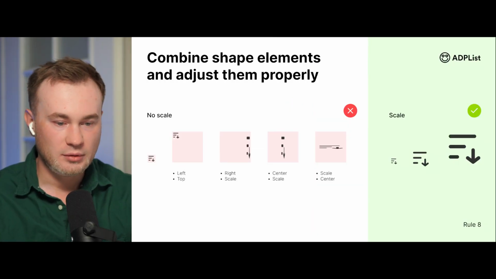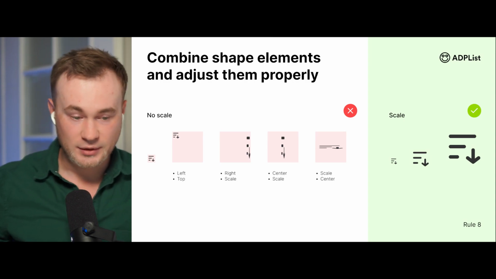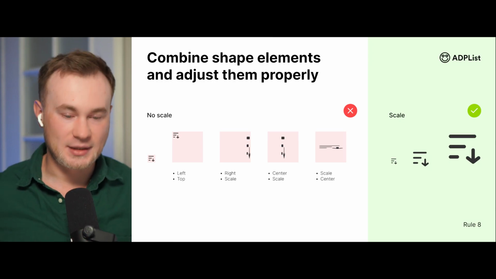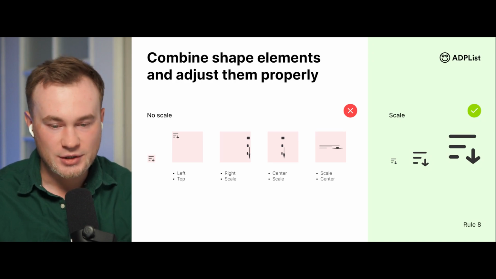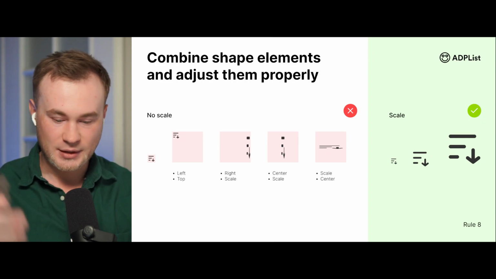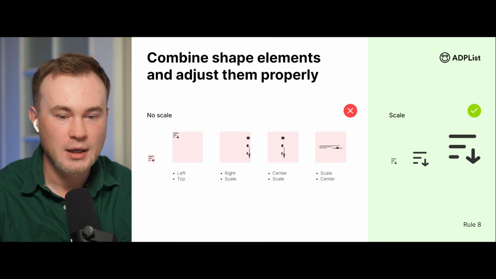This is an example where you can see the different types of scaling settings and what happens with icons if it's not correct. So just always keep in mind that you should put this criteria into scale. That's all. It will work correctly in all dimensions you need.